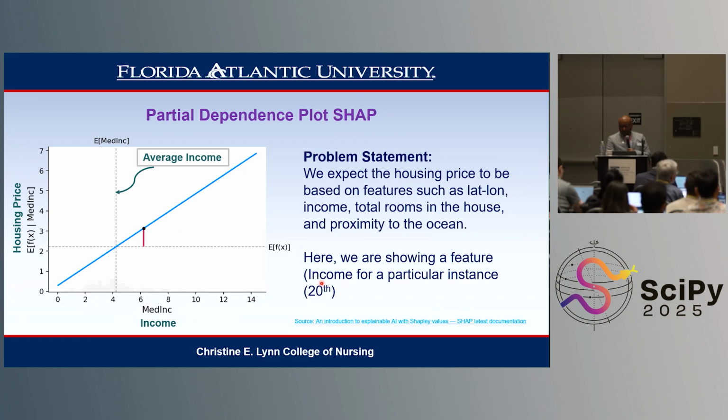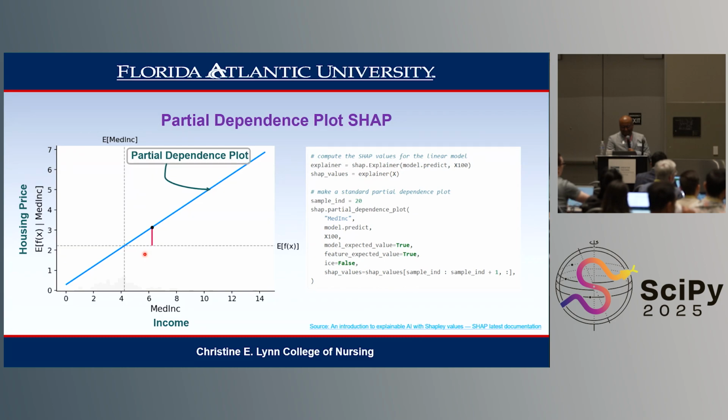The dotted vertical line represents the average value of the median income. So yes, and here we are showing the feature income. This is a particular 20th instance, meaning the 20th person who actually bought the house. There are a lot of other persons. So the x-axis, as I already told you, is the median income, and the y-axis shows the expected value of the housing price for a given median income. This is a partial dependence plot, as shown.